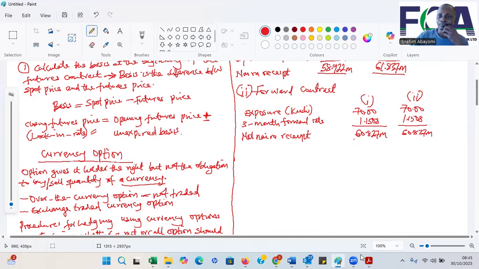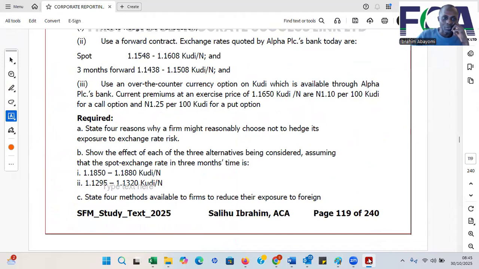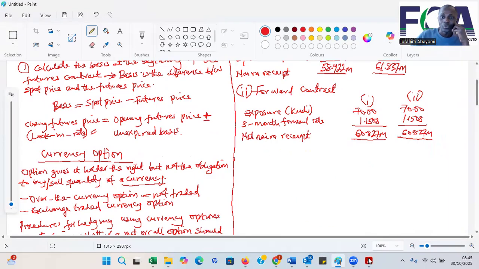But now, in 3 months' time, the rate has gone to what? The rate has gone to 1.188, 1.132. So I will now say without hedge.